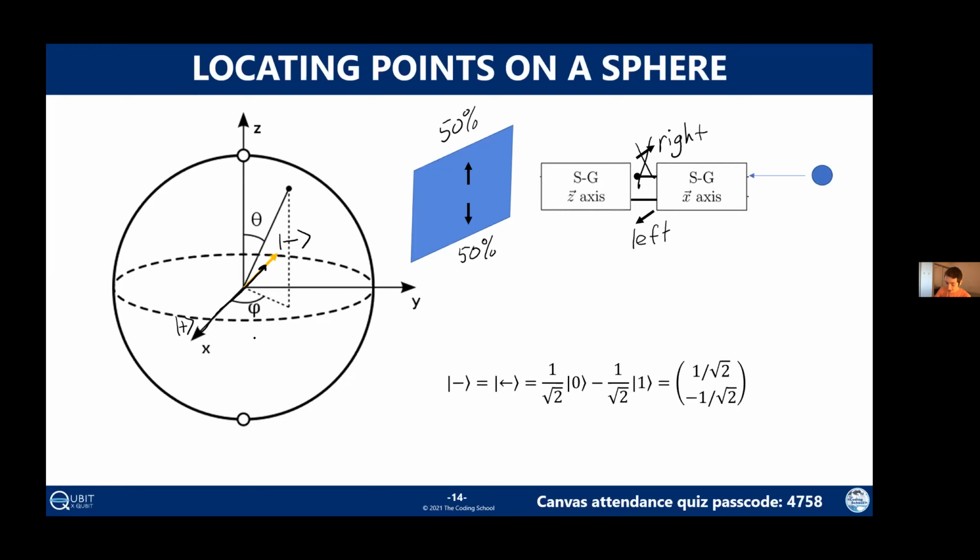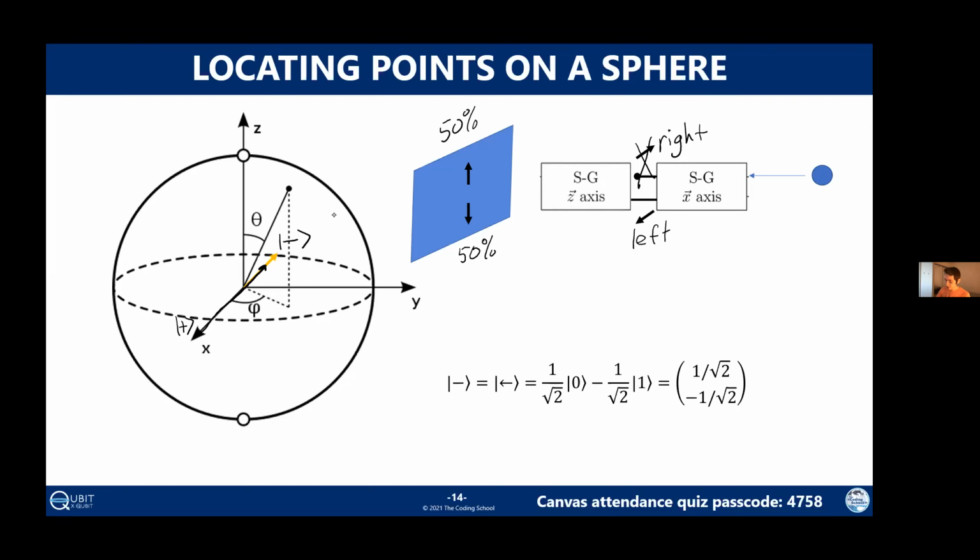And the answer you should get is yes. Theta is 90 degrees for both of them, because remember, theta tells us how far away from the North Pole we are. So in this case, 90 degrees. The only thing that's different between these two is phi. Phi tells us where we are around the equator.